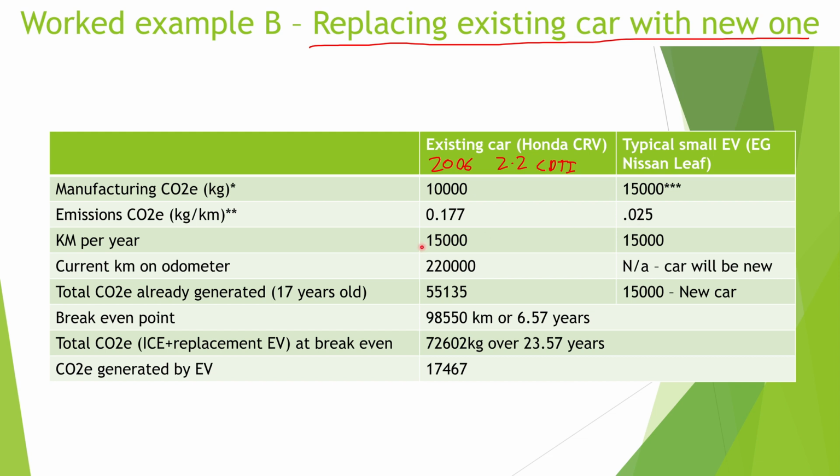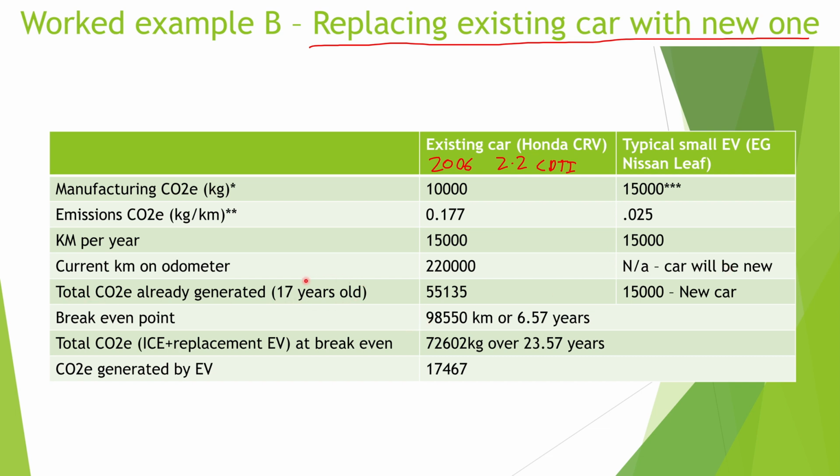I'm using the same kilometres per year, and I'm saying that the current 2006 CDTI diesel engine has only done 220,000 kilometers, which is actually very, very low considering its age. And of course, the new vehicle will be new, so it won't have done anything.